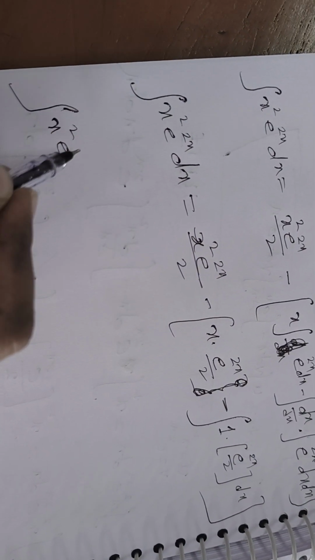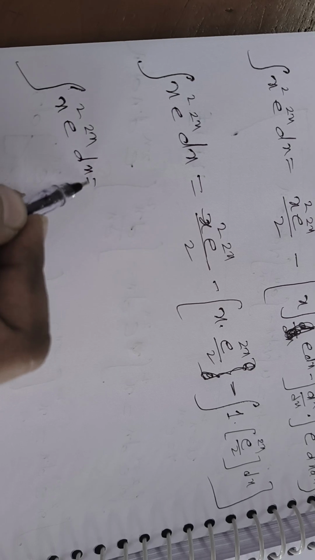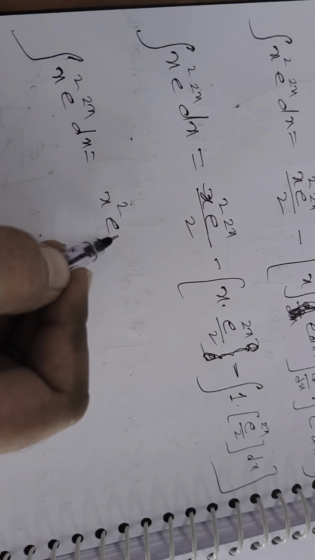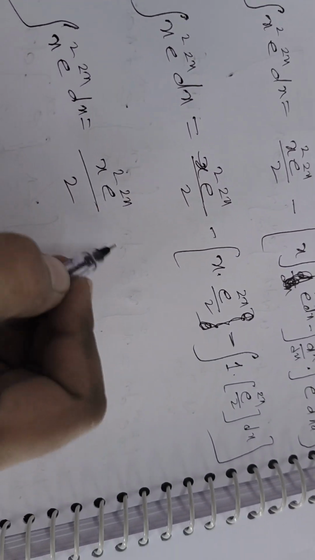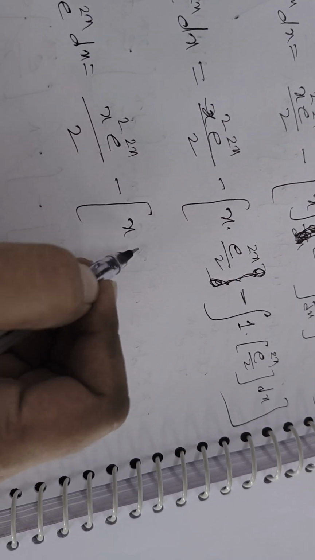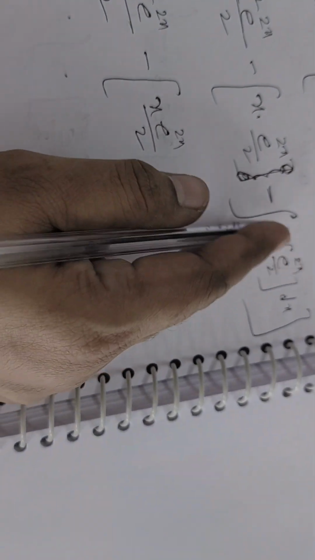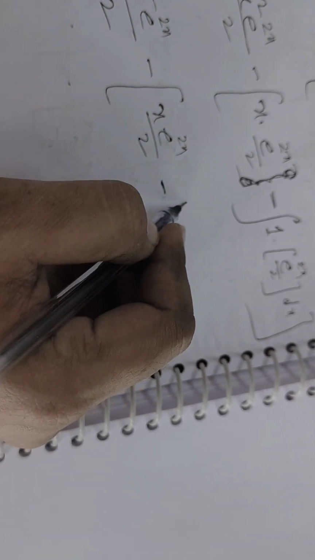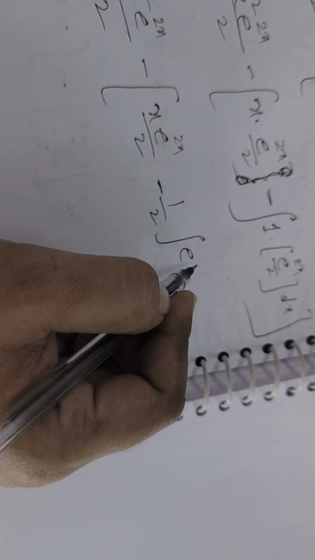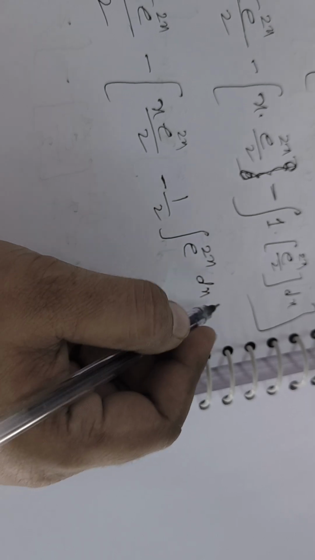Integral x square e to the power of 2x dx is equal to x square e to the power of 2x by 2, minus x e to the power of 2x by 2, and again we have to integrate this term. Take 1 by 2 outside, the integration of e to the power of 2x dx.